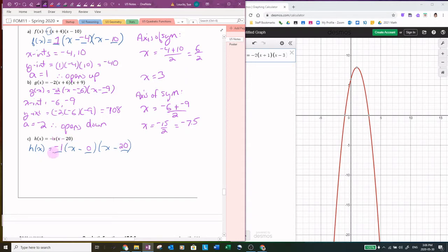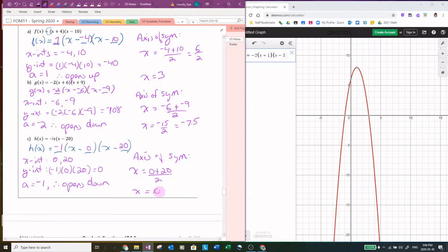So our x-intercepts are 0 and 20. The y-intercept is -1 times 0 times 20, which equals 0. Since a equals -1, therefore it opens down. And our axis of symmetry is x equals 0 plus 20 divided by 2, so x equals 10.